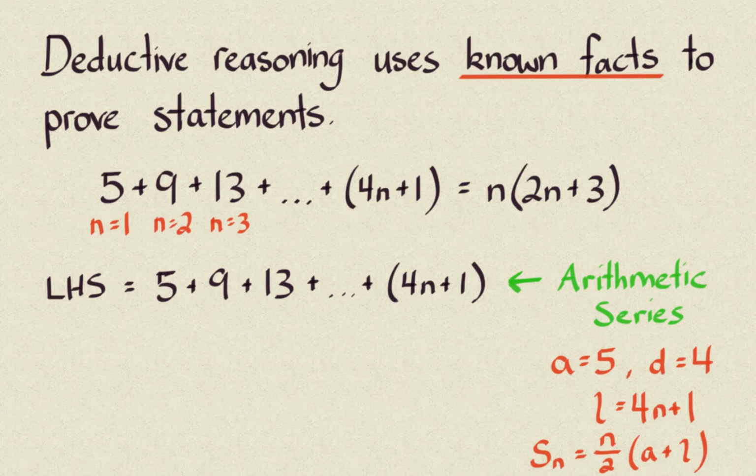So let's evaluate the sum of our arithmetic series. The n on 2 out the front remains as an n on 2, and in the brackets we have our first term, a, which is 5, plus our last term, l, which is 4n plus 1.